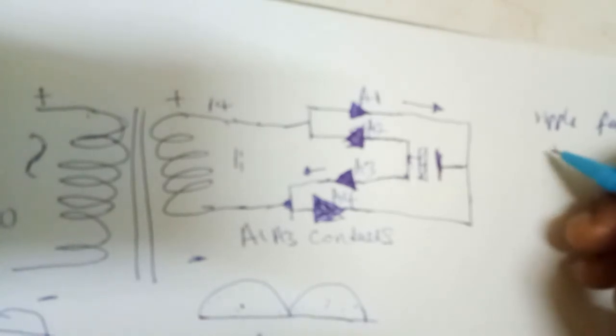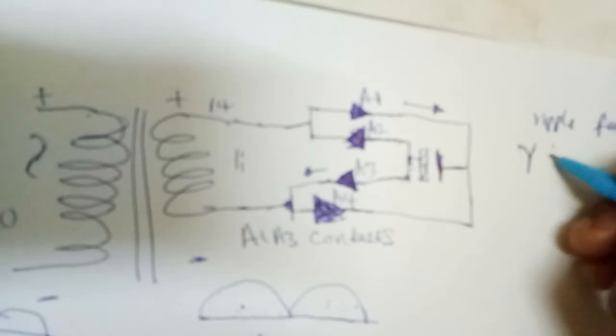So there is what is called ripple factor. The ripple factor formula is: ripple factor is equal to the square root of V root mean square over DC voltage, squared, minus 1.